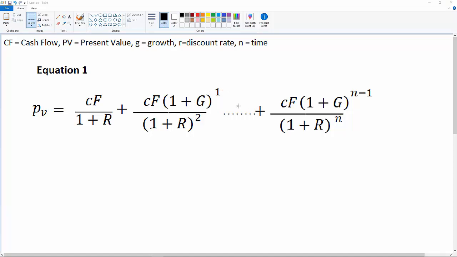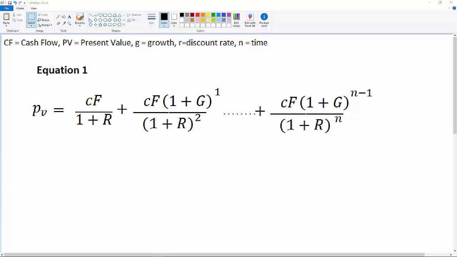I'm going to skip that and just write to the power of n minus 1 divided by n. It saves a lot of writing because you don't want to write everything out in the equation. For instance, what happens if it was to the power of 100 time periods? Then you'd be writing for an extremely long time.